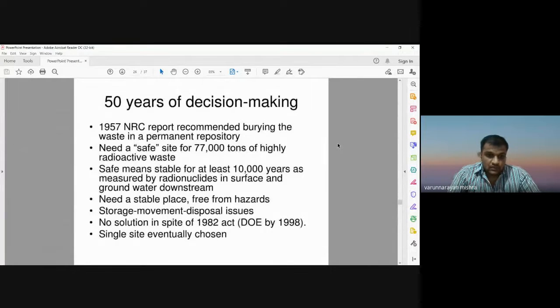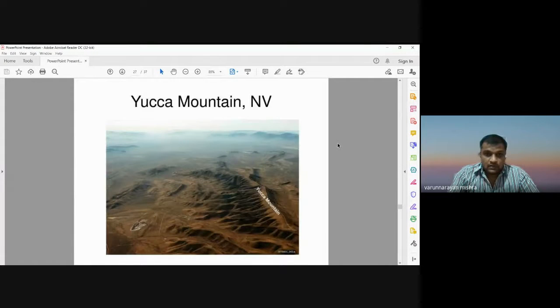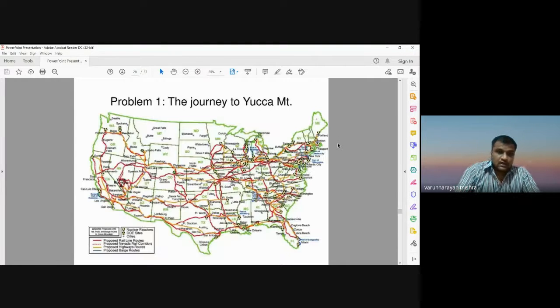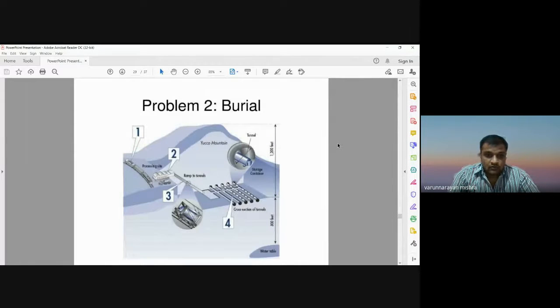Okay, so now this is another case study, Yucca Mountain, and this is the journey of Yucca Mountain. This is a case study on how to work on the burial of different radioactive materials.